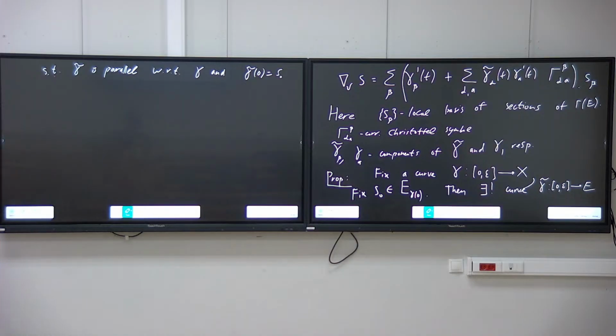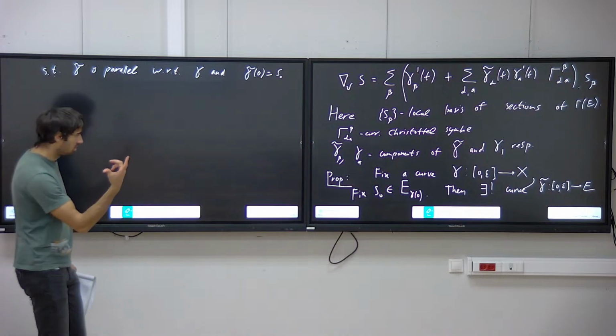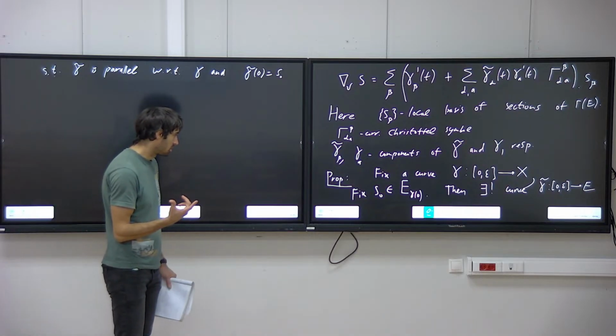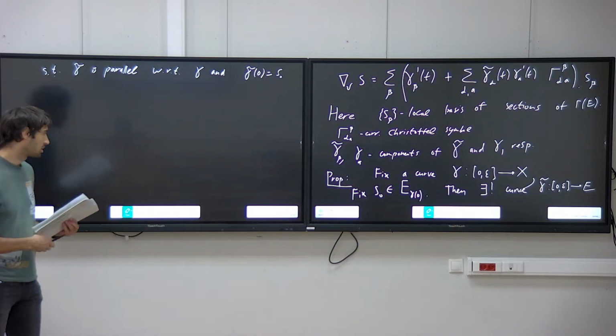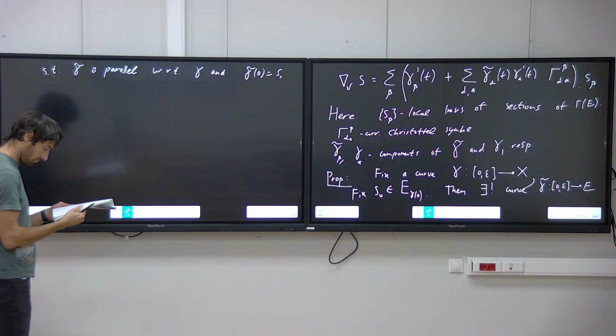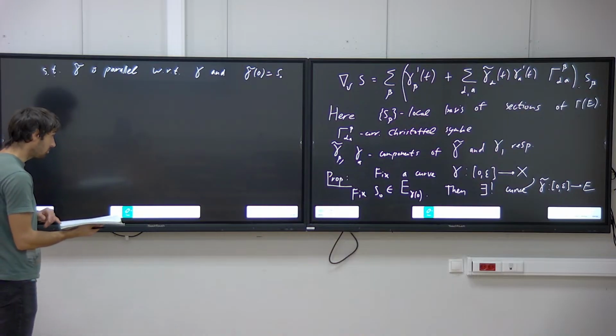This is one of the problems in the seminar. Basically, I need to apply compactness of the interval and some type of Cauchy problem from differential equations multiple times.